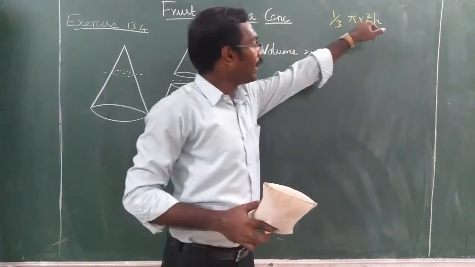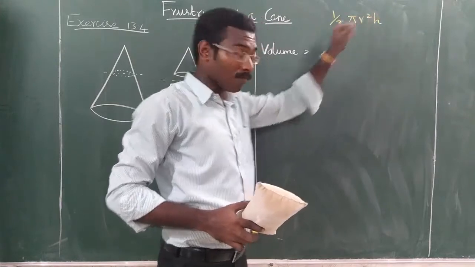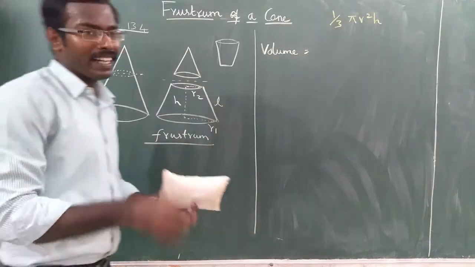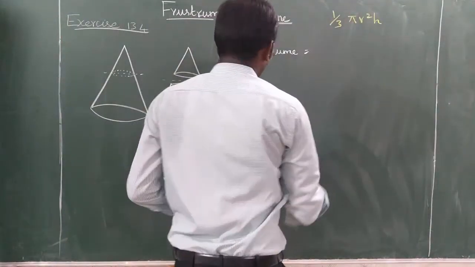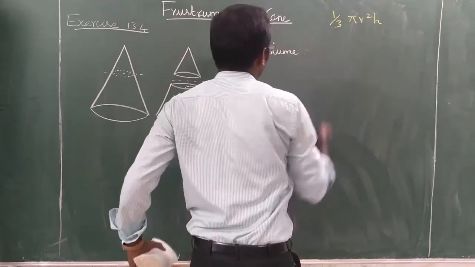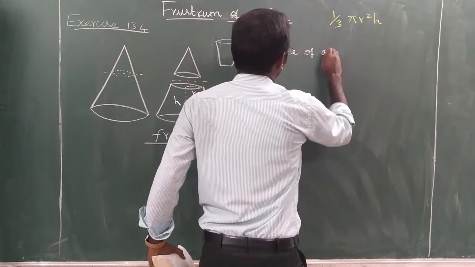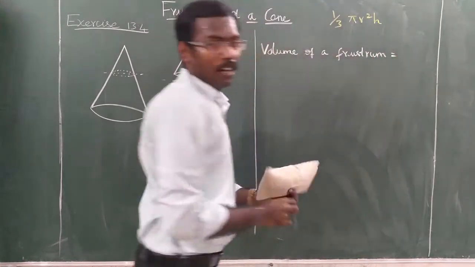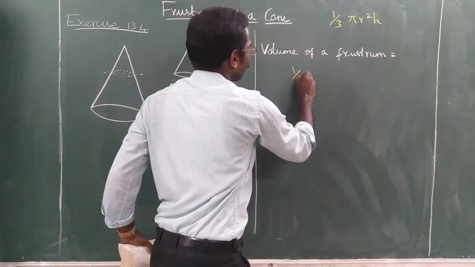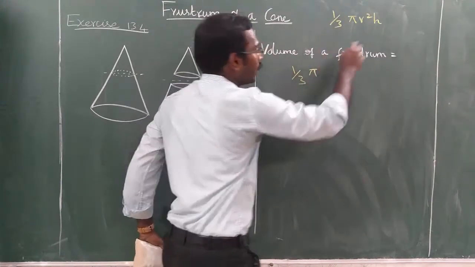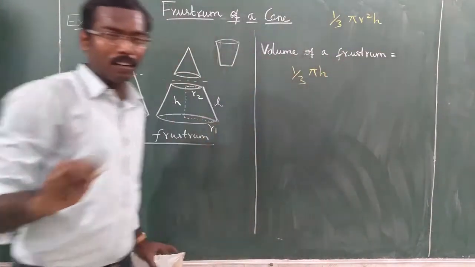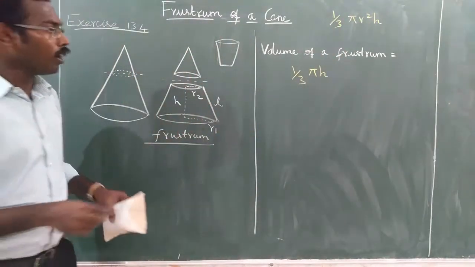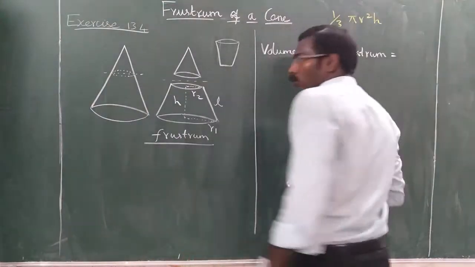Only in a cone there is only one radius, but in a frustum there are two radii. So the remaining things will be the same. Volume of a frustum: first you write the same, 1 by 3 pi h. These are all common. Only instead of this radius, two radii are there. Therefore, the formula will come like this.